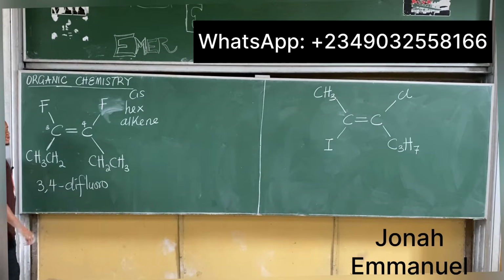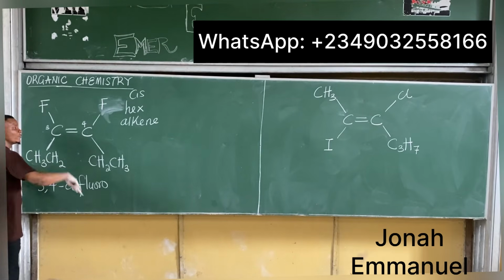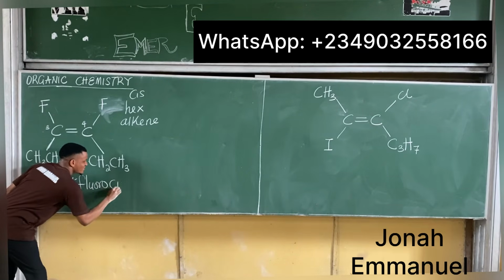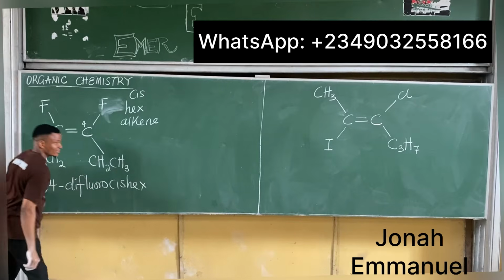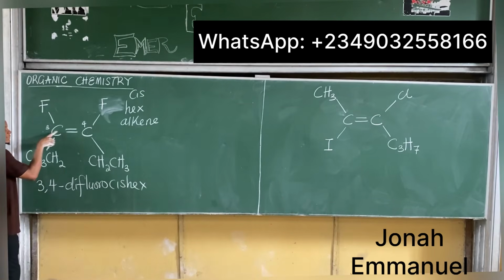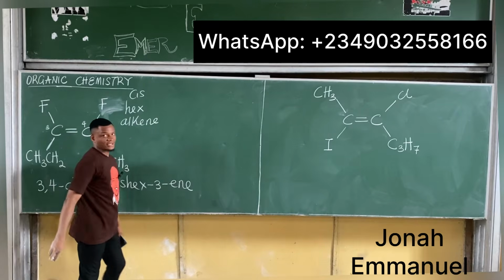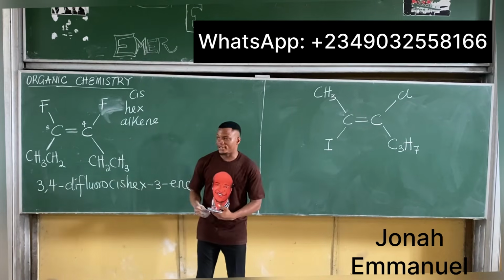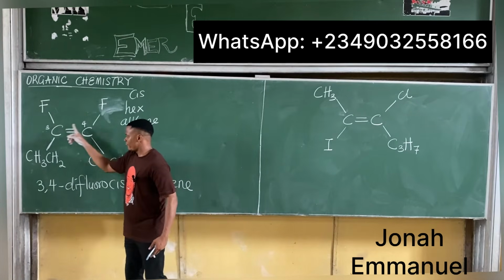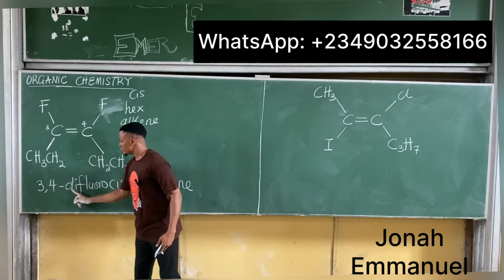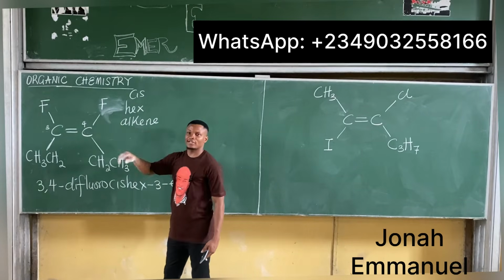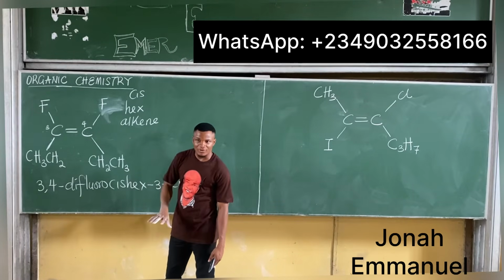Yes, that's so. So 3,4-difluoro, not 6-hexane. 6-hex what there? Hex-3-ene. Please be careful. 3,4-difluoro. So it's always the substituent before the parent.